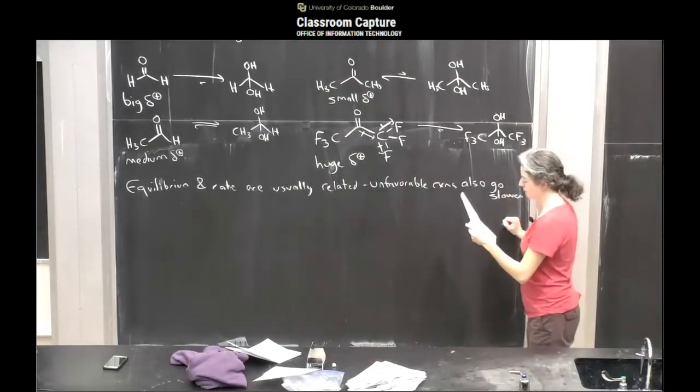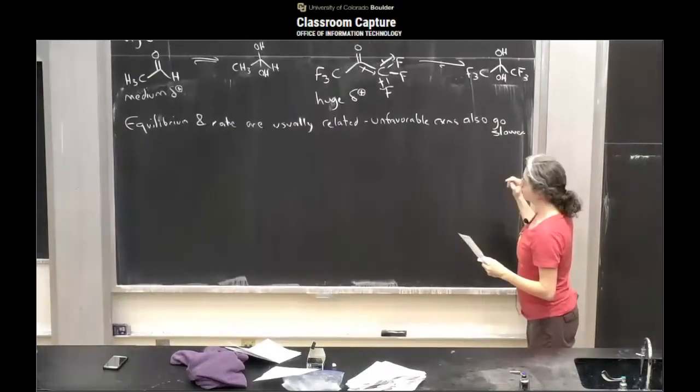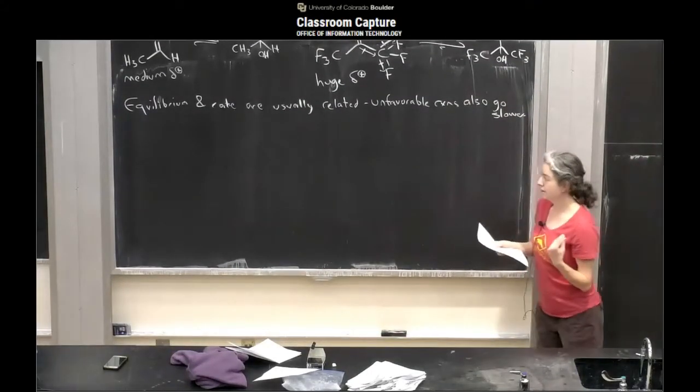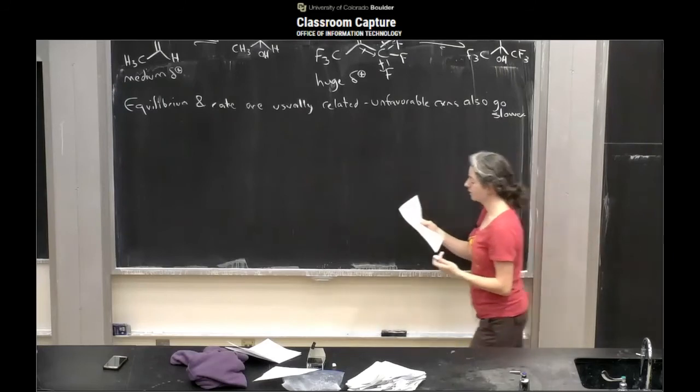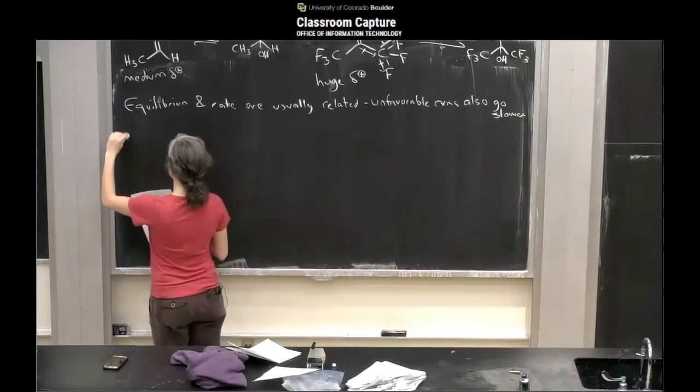Okay, so the next one we're going to look at is actually the reverse of a reaction we saw in OChem 1. So we're now looking at reductions to alcohols.